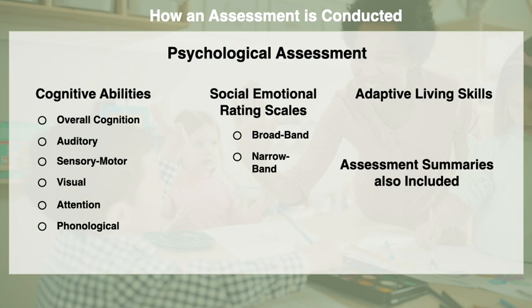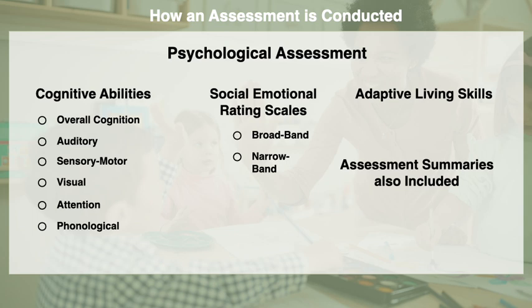There are also sometimes elements of speech and language that are included in that as well. But really seeing how they're able to conduct skills that are associated with navigating the school environment, the home environment, or just the general environments that your child has access to.